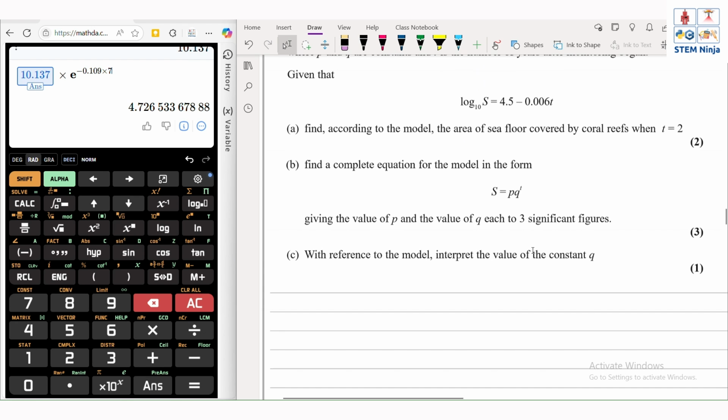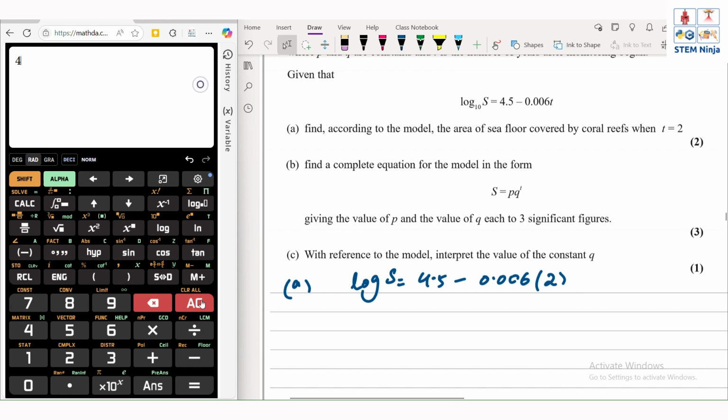So we just have to plug it into the log equation. So log S, when we don't write the base over here, that's implied as 10. 4.5 minus 0.006 times 2.